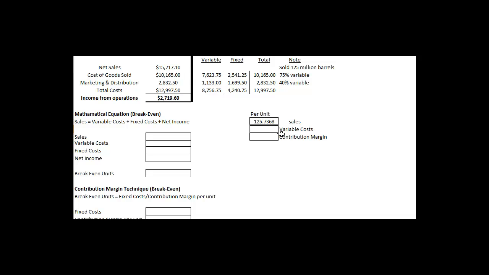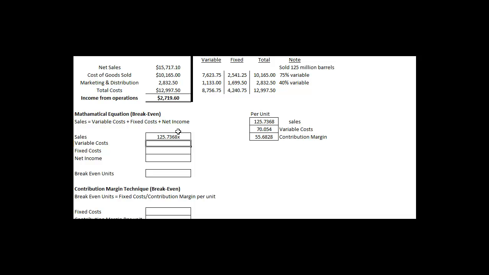I'm going to do the same thing for the variable costs. If my variable costs are 8 billion 756 million, they're $70.054 per unit. So my contribution margin per unit, I'll need this later, is the difference between the two, $55.68. So my sales are going to be 125.7368x.